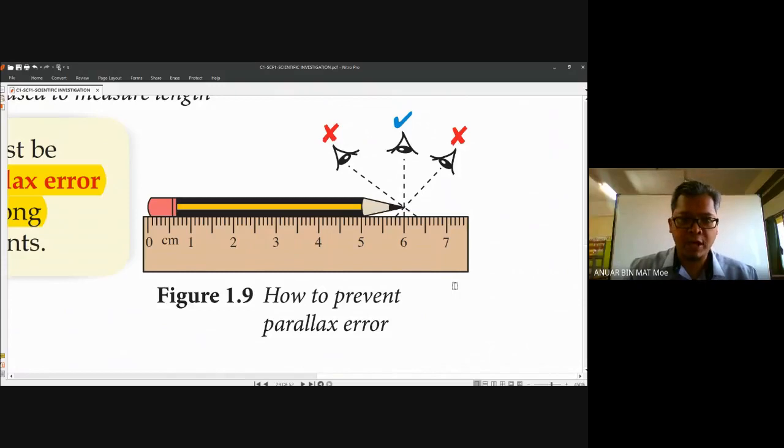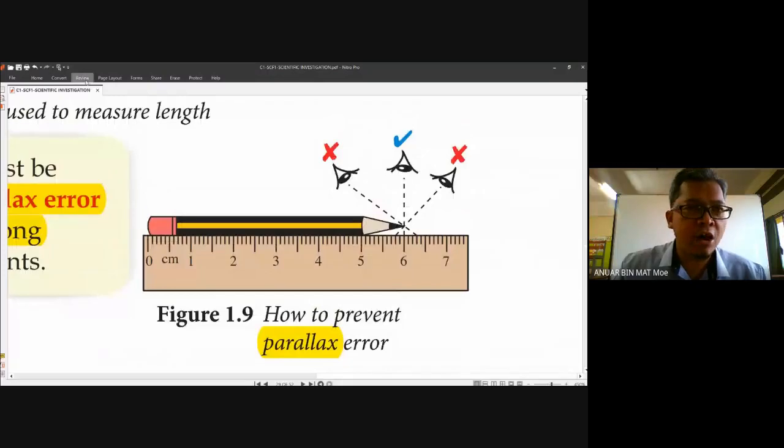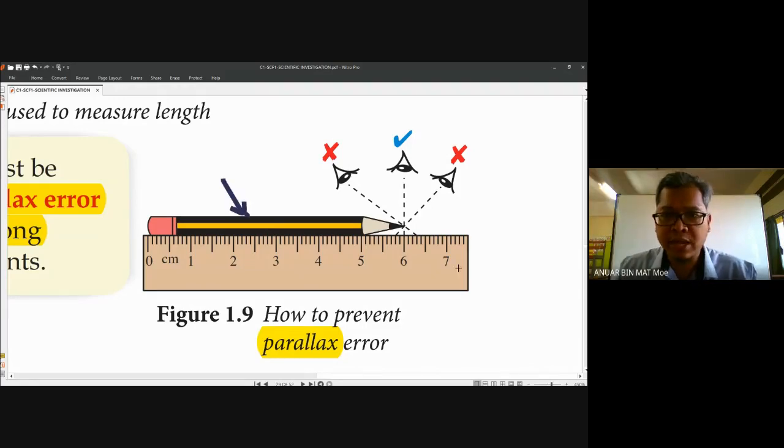How to prevent a parallax error? You must remember, parallax error is the mistake you make when taking a measurement because of wrong positioning of the eye. If you want to take the length of the pencil using a ruler, you must look at the measurement parallel to the scale of the ruler.